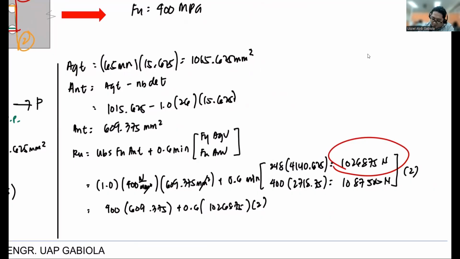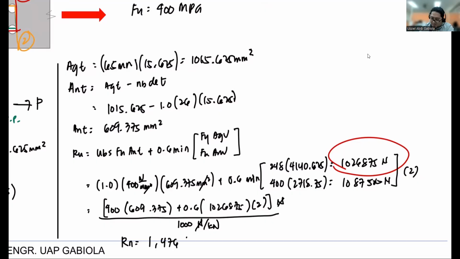Before we convert, the unit of this is Newton, so we convert to kilonewton. So 1,000 Newton per kilonewton, so the Newton cancels out. Our Rn will be 400 times 609.375 plus 0.6 times 1,026,875 times 2, divided by 1,000, that is 1,476 kilonewton.